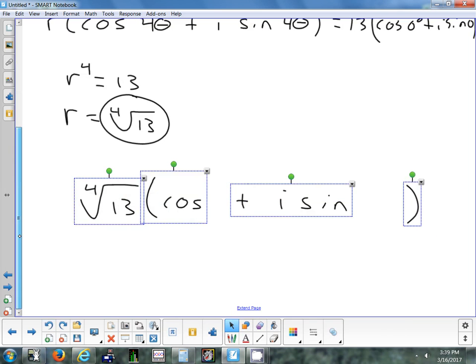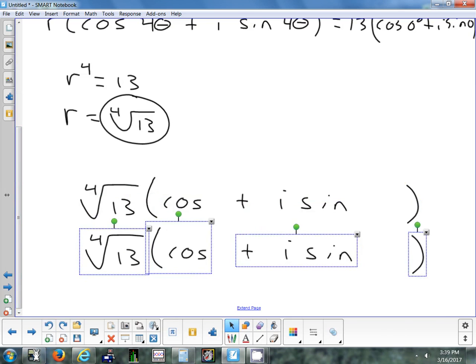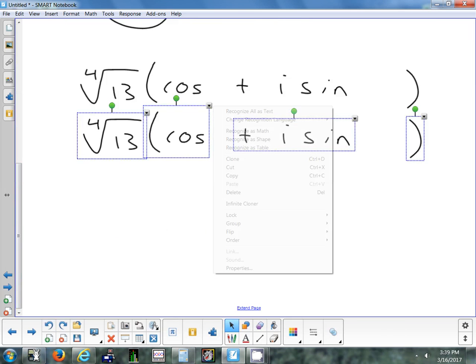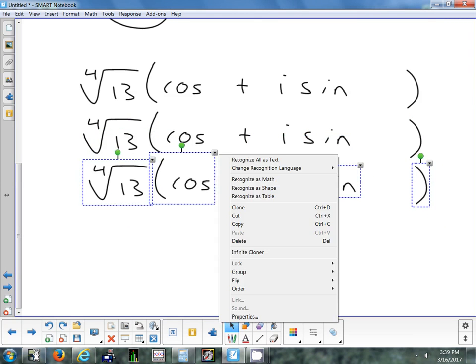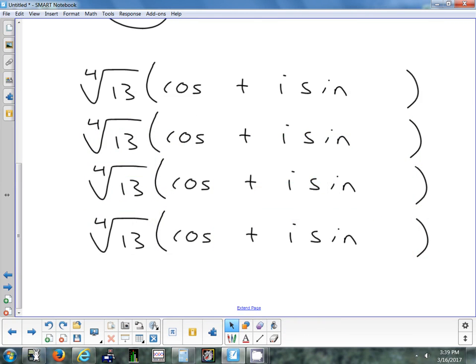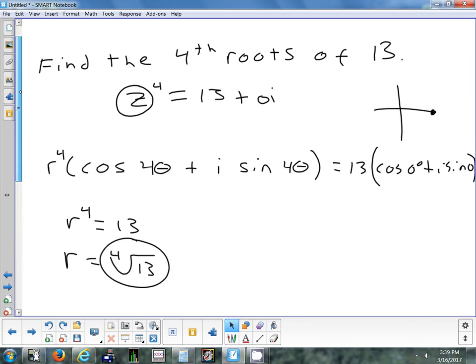I'm having some technical difficulties. Okay, so just copy it. I got the homework, there's one with 6. Yeah, so I said on the test it would probably be a third or a fourth root, not 6. Not that it's that much harder, it's just a little more time consuming.